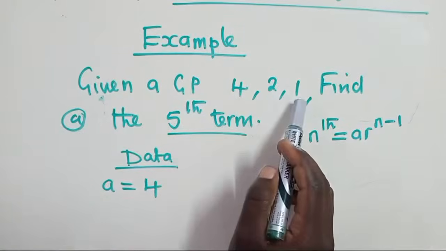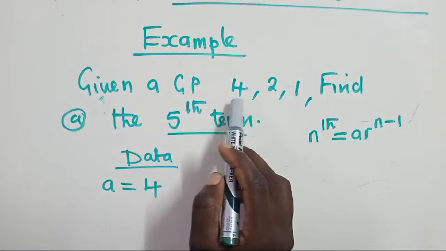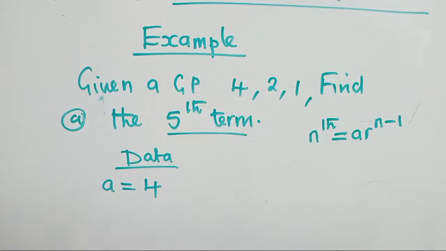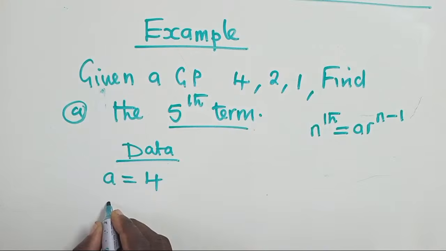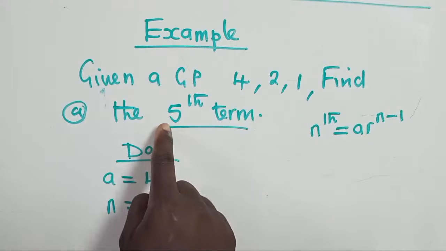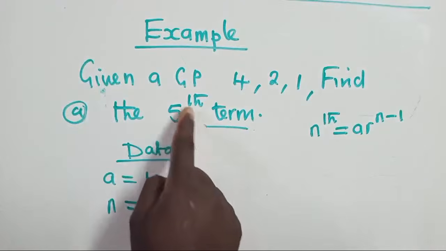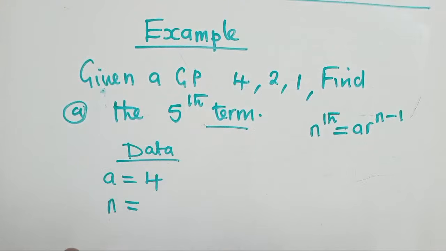Look at this sequence, the number at the starting point is 4. Once you write that, you now go to the N. What is our N? It's a position. Mostly it's what you've been asked in the question. They have asked us to find the 5th, this 5.